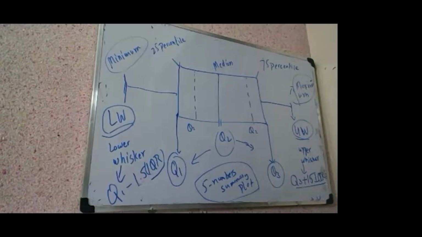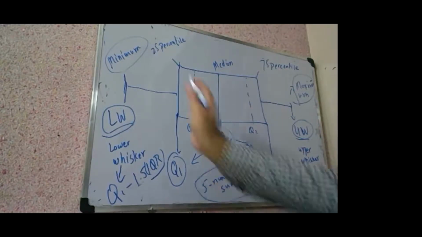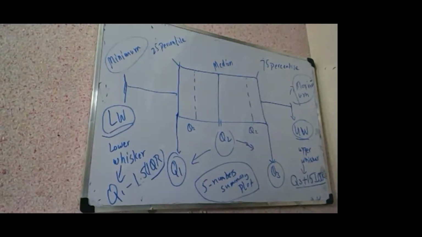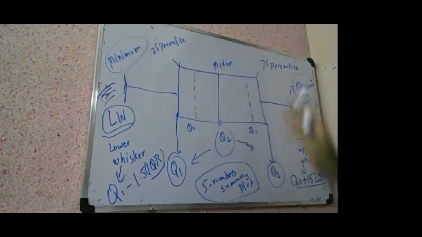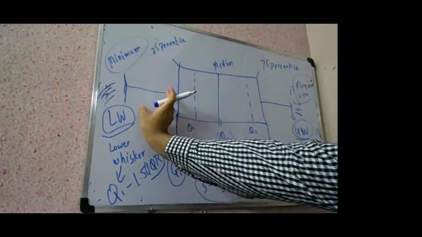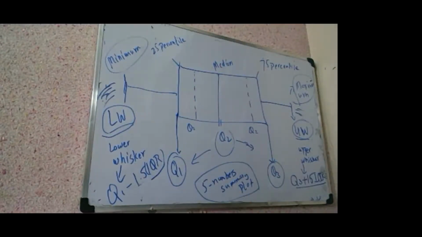So a data point that crosses the lower whisker or upper whisker, we can call that the outlier. So any data point which is somewhere here, that's an outlier. So we need to skip that. Why 1.5? Because it gives us the minimum margin to identify the outlier.